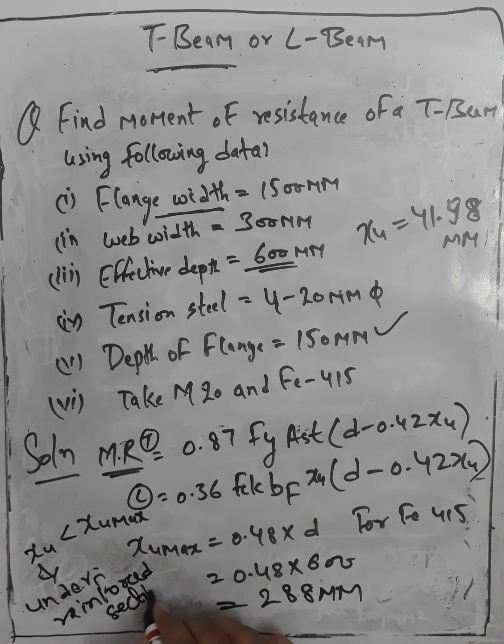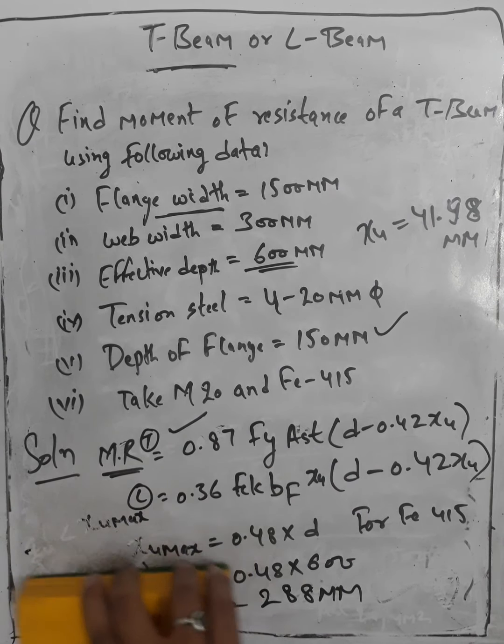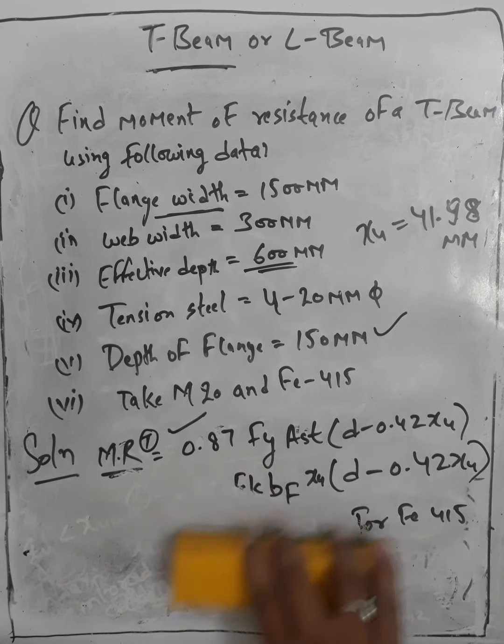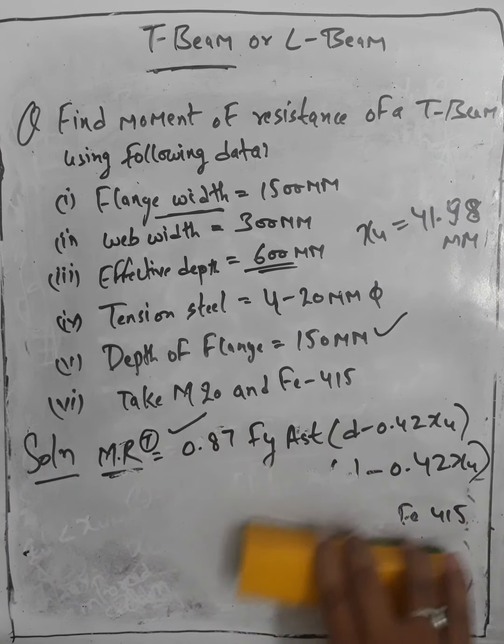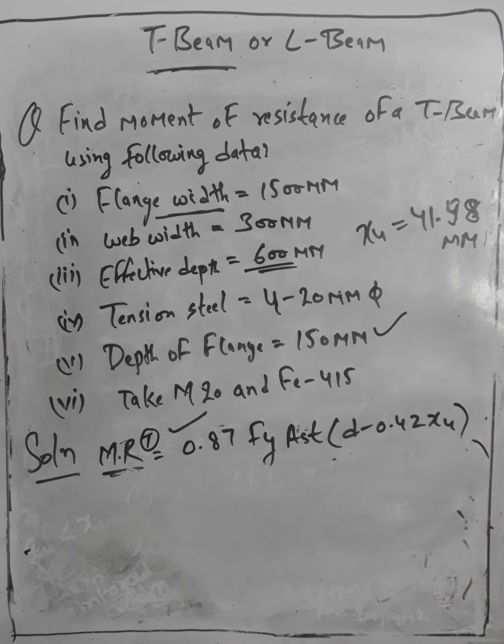So for an under reinforced section, if we have to find the moment of resistance, we use the tension side equation. So here we use this equation and find the final moment of resistance value for this question.